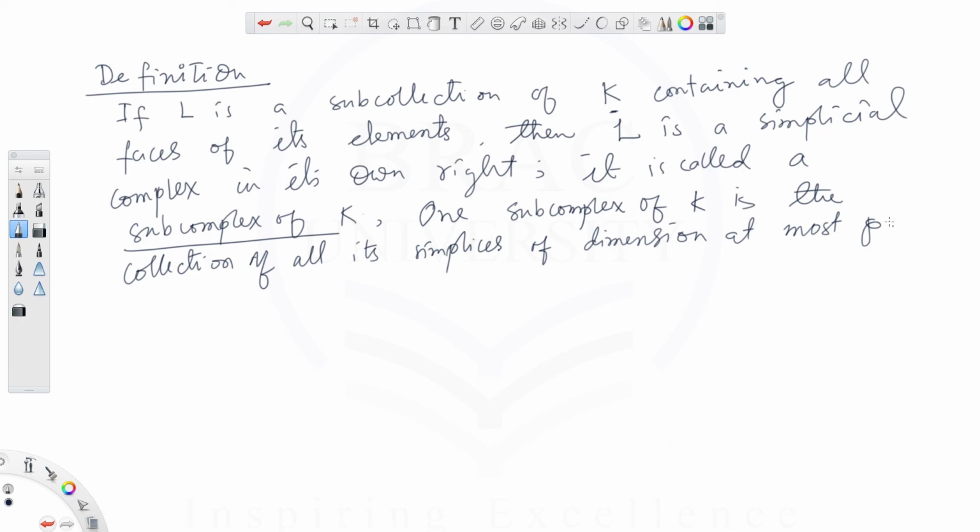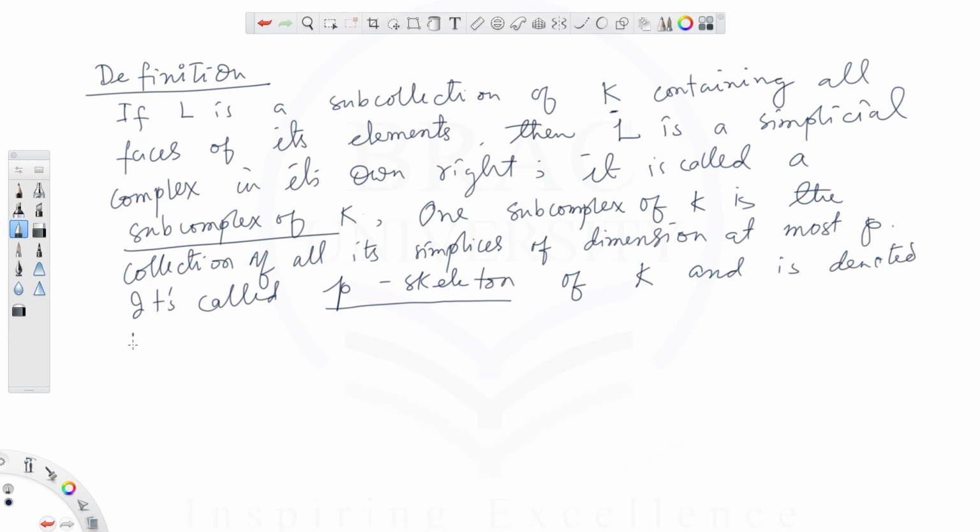It is called the p-skeleton of K, and is denoted by K_p.